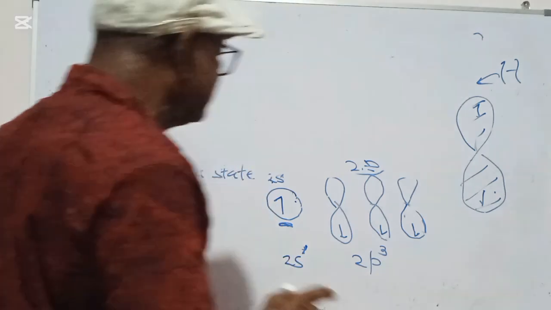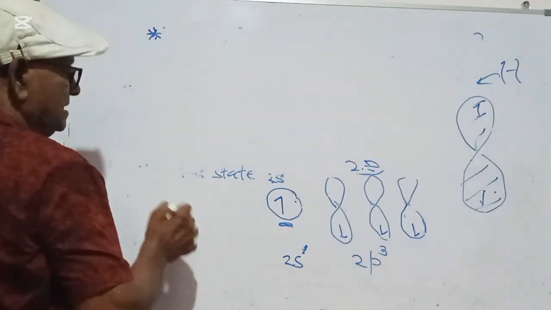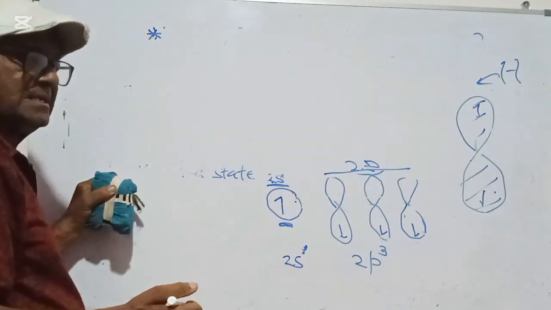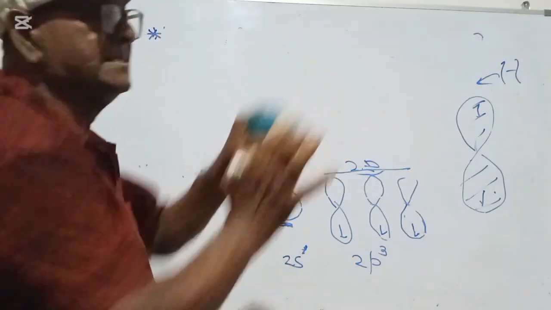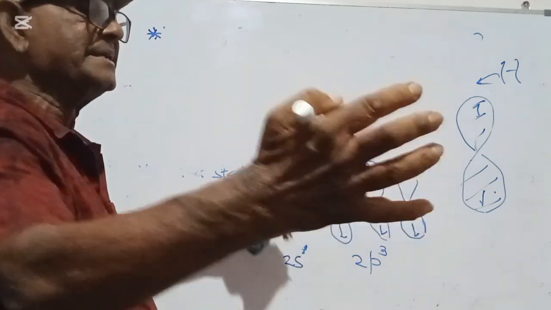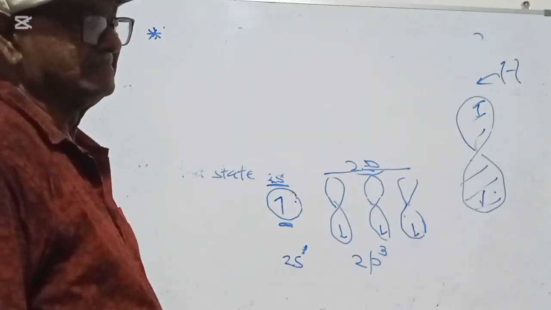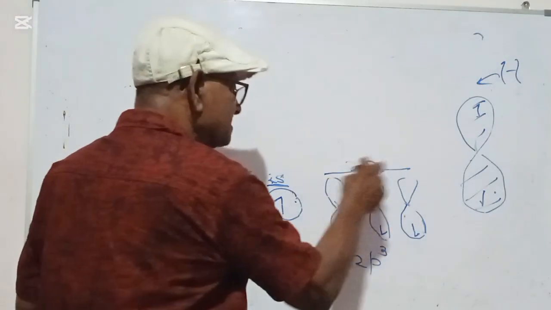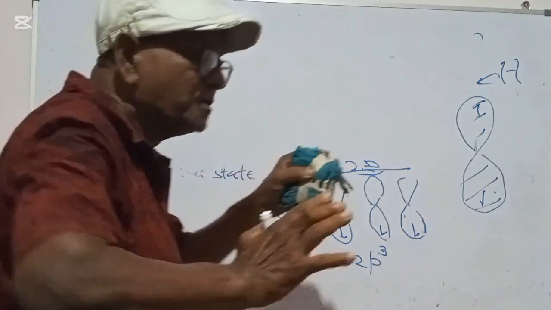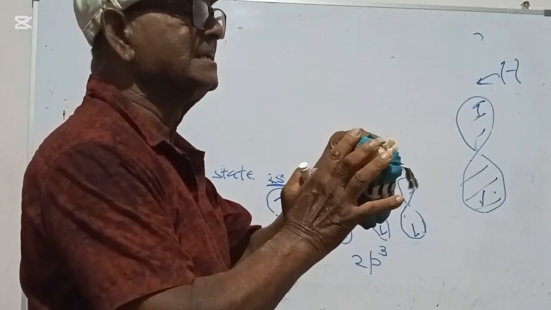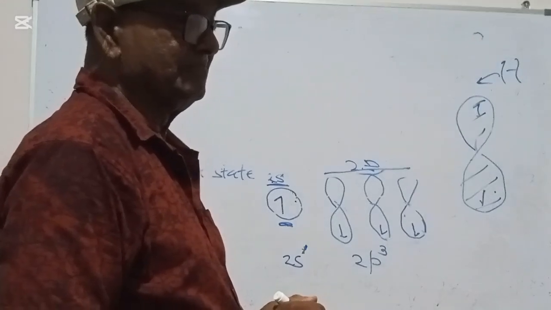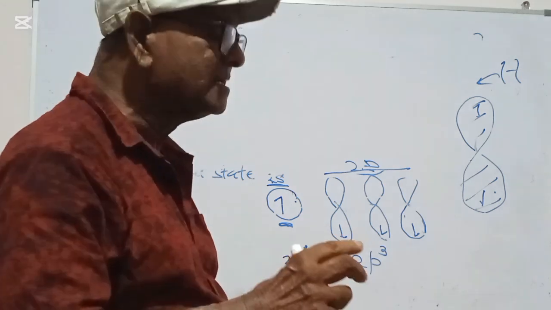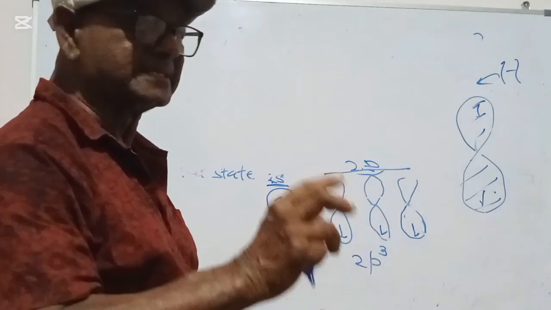Then, to avoid these two problems, first s orbital and 3 p orbitals come to the same energy level. Now no energy difference, right? Then the other problem is having the two shapes. Now shape also comes to the same shape. Thus avoid these two problems. This is the hybridization.